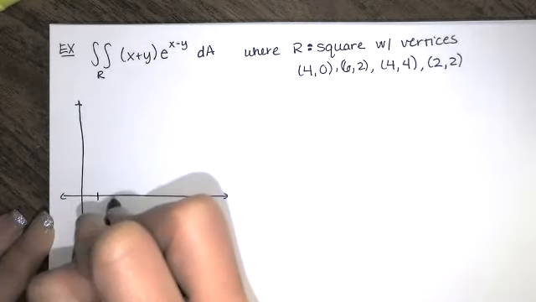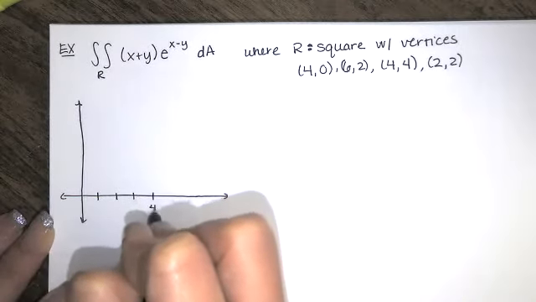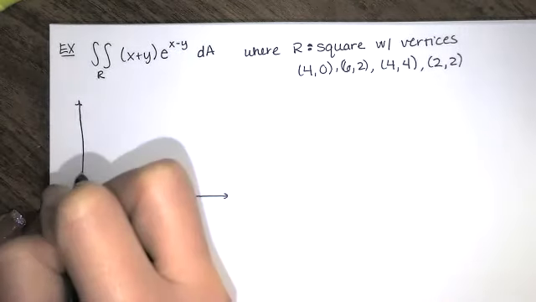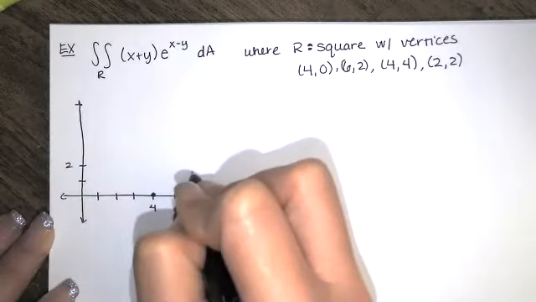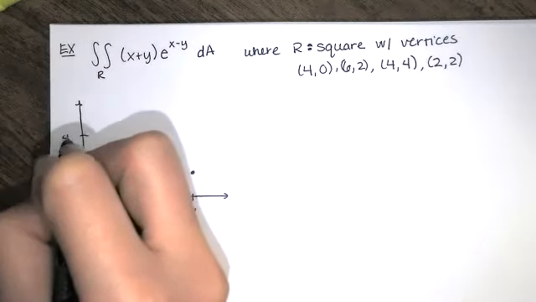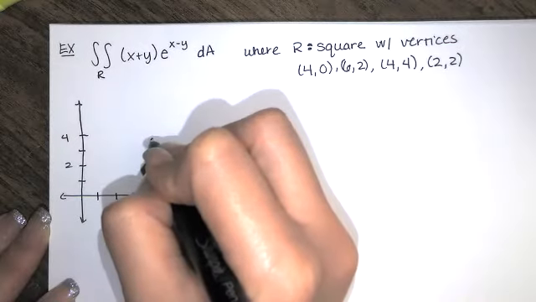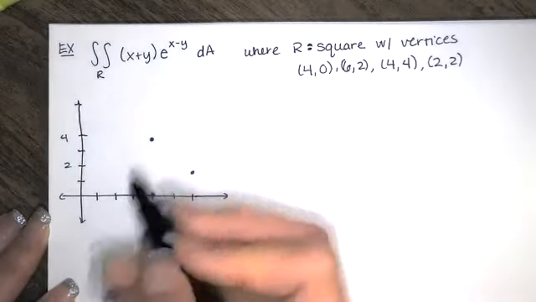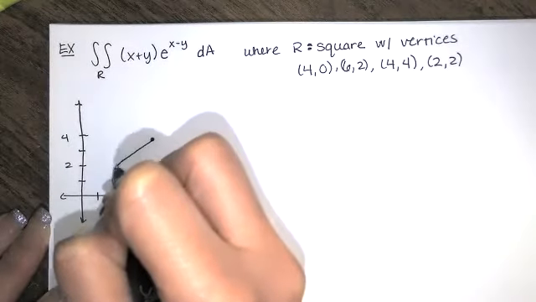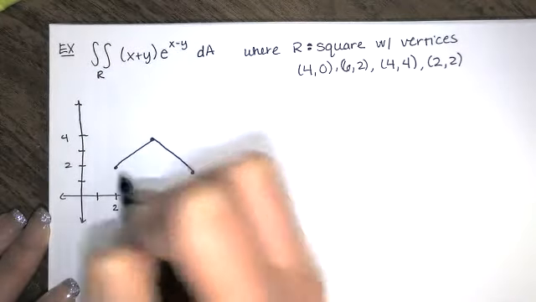Start with x equals 4, y equals 0, x equals 6, y equals 2, x equals 4, y equals 4, and x equals 2, y equals 2. It doesn't look like a square, it looks like a diamond, but it really is supposed to be a square.